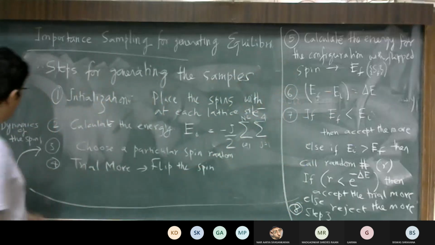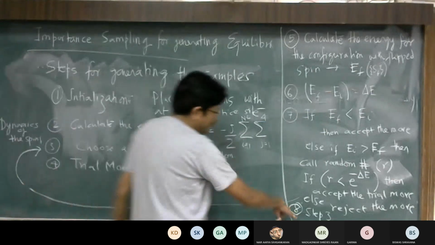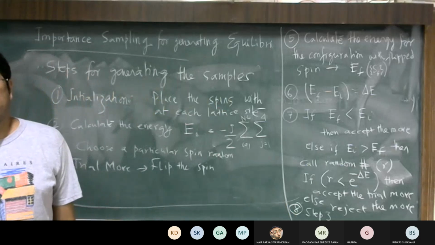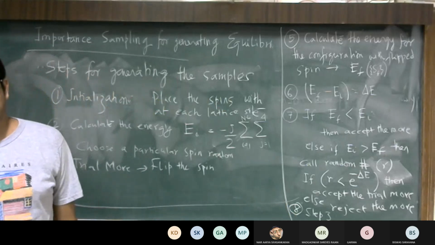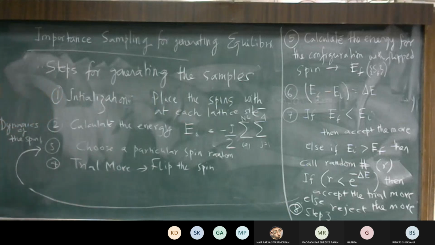So this, all the steps from 3 to 7 and then this repeating process, really constitutes how you are performing the dynamics of the spins. That means how these spins are flipping at a given temperature.